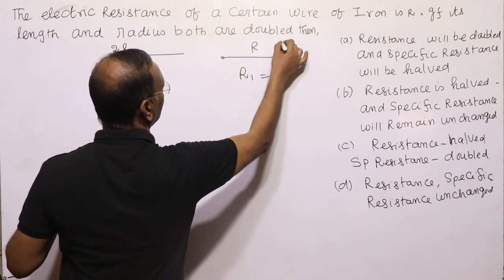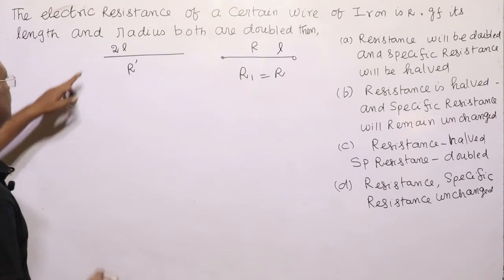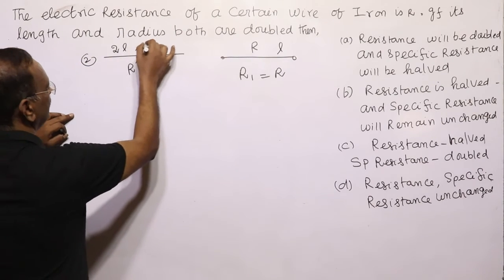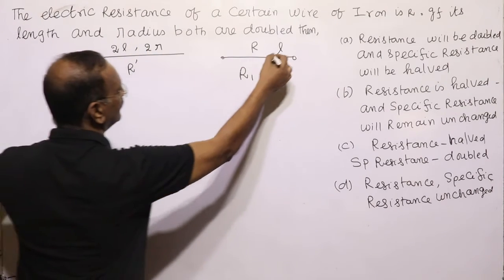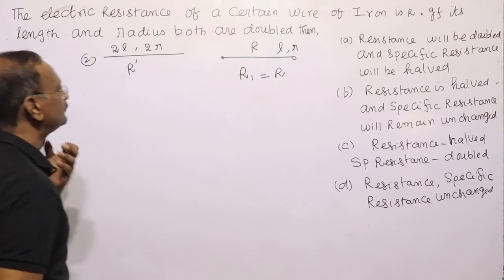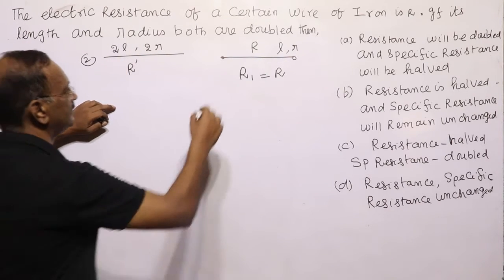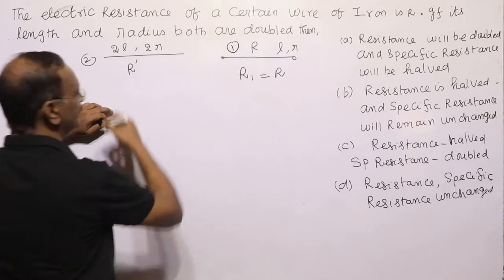Here the length is L, here the length is increased 2 times. Length and radius, what is radius? Twice. Here radius is R. This is the initial stage and final stage.